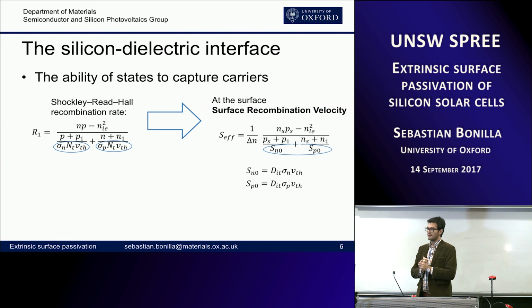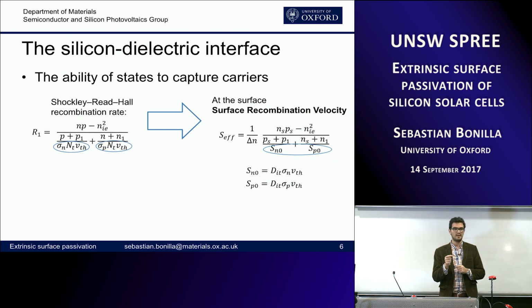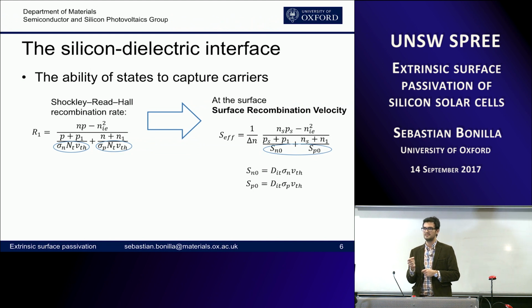And so the thing that I want to get across here is the fact that when we passivate chemically a silicon surface, it is not only about reducing the number of interface states that we have, but also reducing the ability that those states have at recombining electron-hole pairs, right?